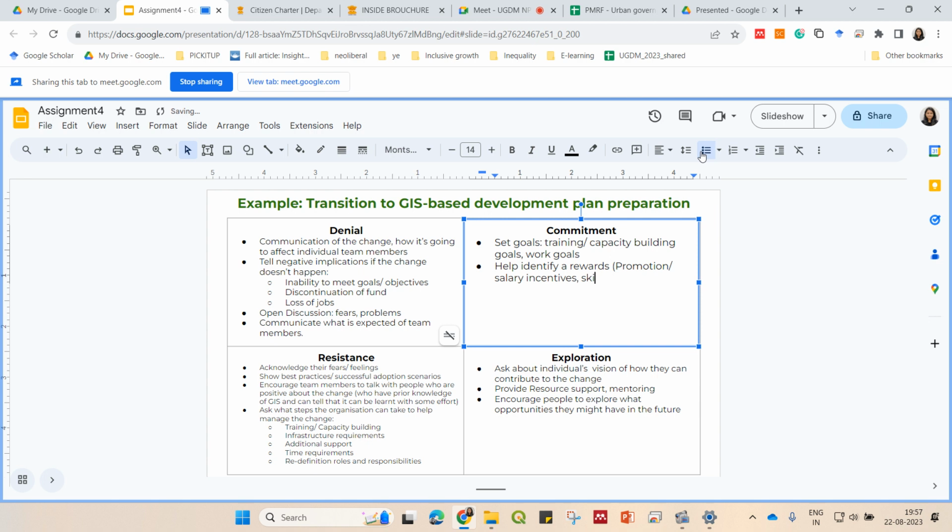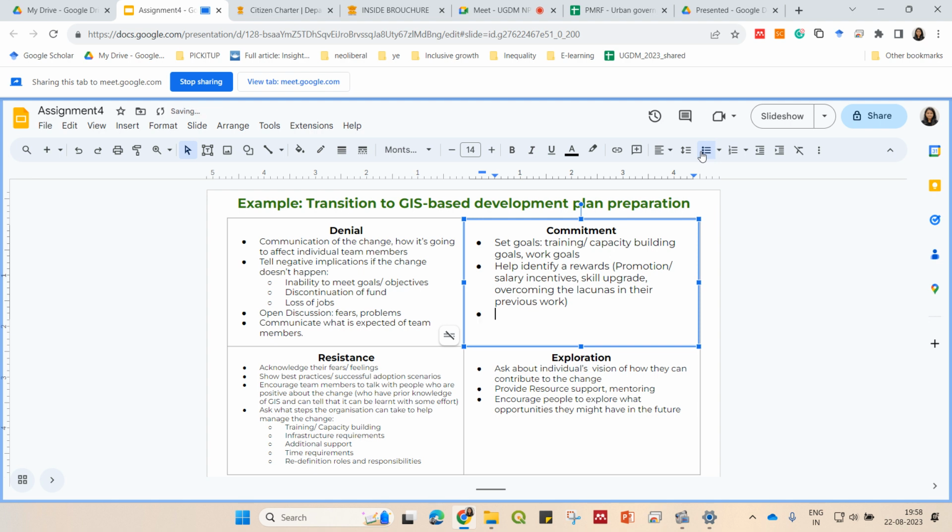Maybe you can help them identify the skill upgrade that they are getting if they actually commit to the process of this change. And you can even help them see that they are overcoming the lacunas in their previous work. So these are some things which you can help them identify.